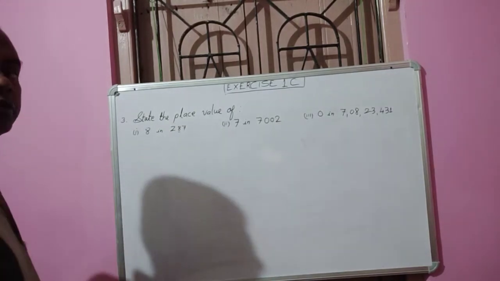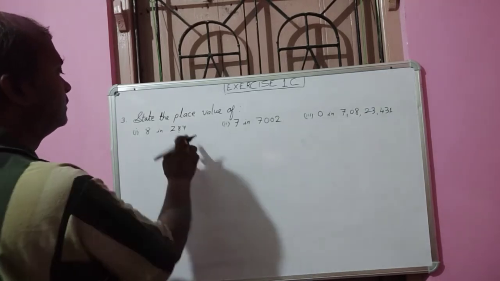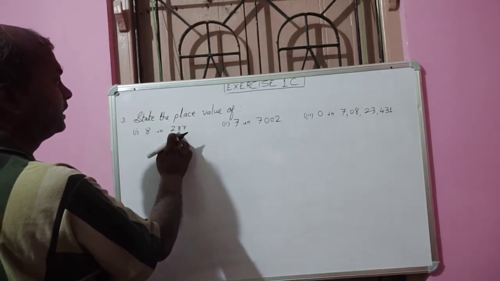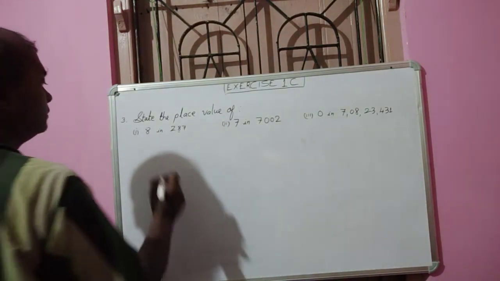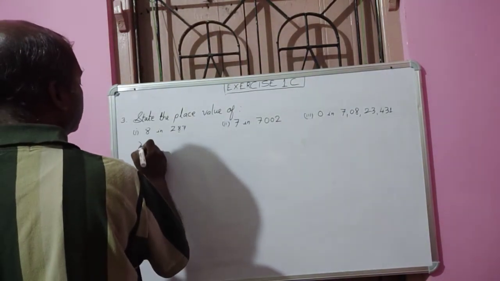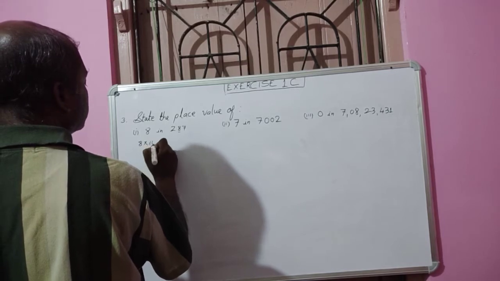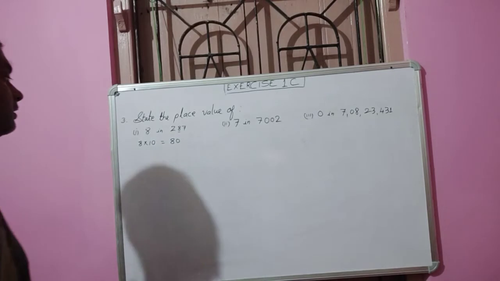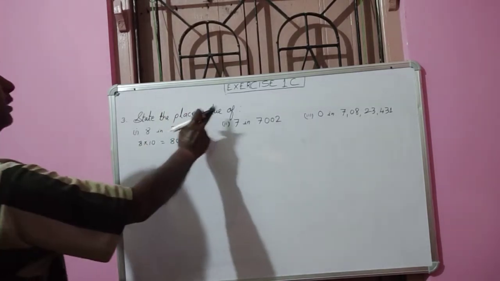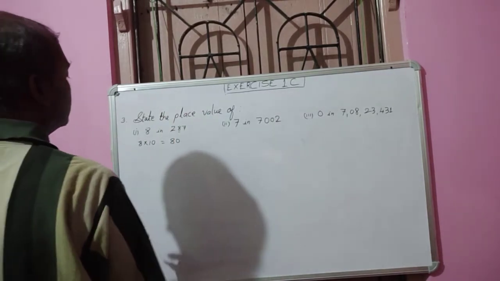What is the position of 8 in this number? This is 1's position, this is 10's position. That means 8 is in 10's position. So its value will be 8 tens, which are 80. So the place value of 8 is 80.